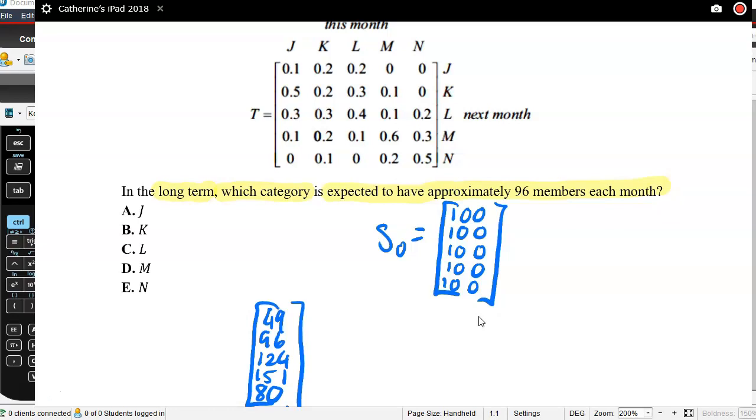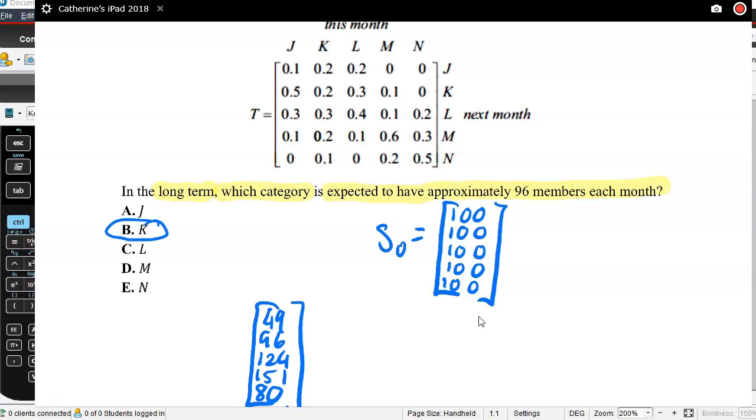Category K. 46% of the state answered that one correctly, with 18% answering D and 13% answering C.